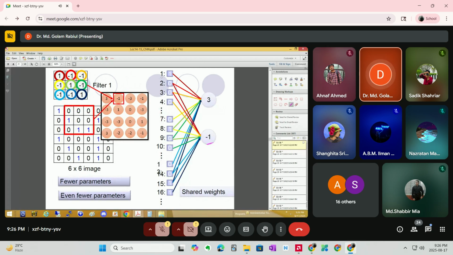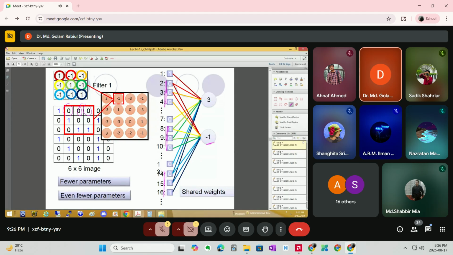For that case, we will utilize the values 2, 3, and 4, these 3 values, and then 8, 9, and 10, and then 14, 15, and 16. These values are used to get this one.